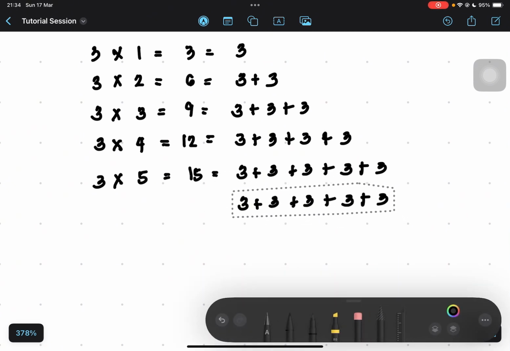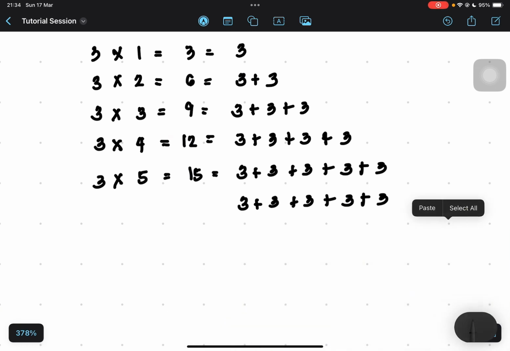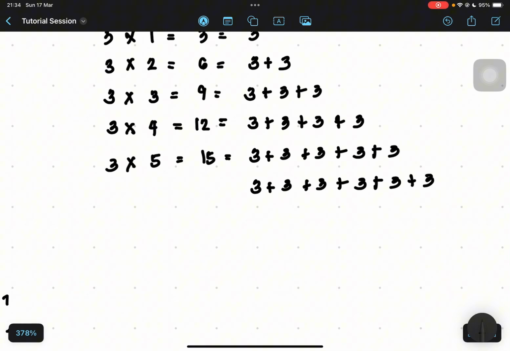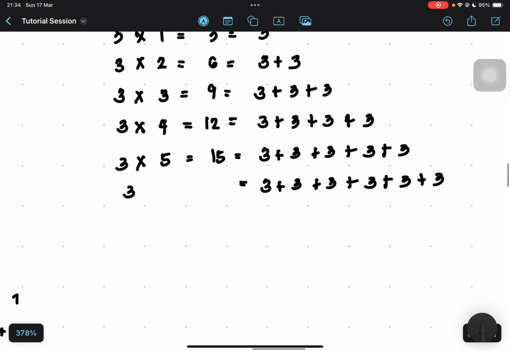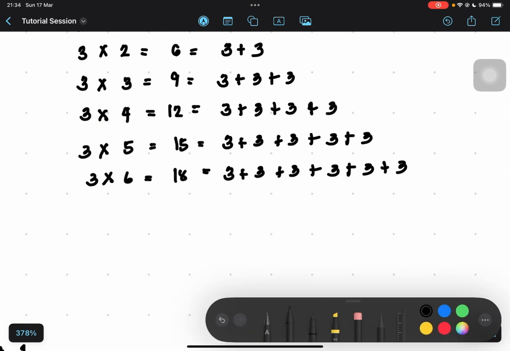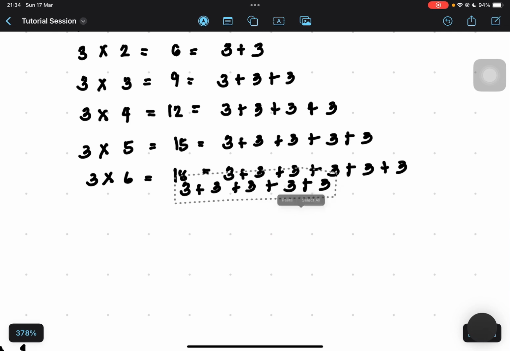Then the next one, we add another 3. So the interpretation is we add 3 six times by itself. So that makes 18.